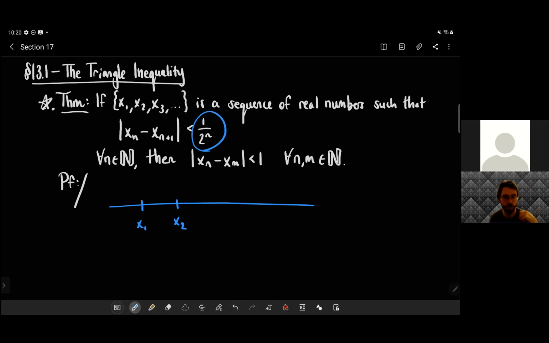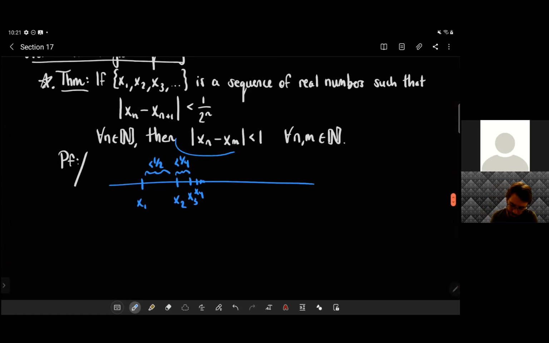Well, they should be within 1/2 of each other. So this distance is less than 1/2. But then, you also have an x3. And that better be really close, actually. That better be less than 1/4 away. And then an x4 better be even closer. And so on and so forth. So the distance between these successive elements of your sequence is decreasing.